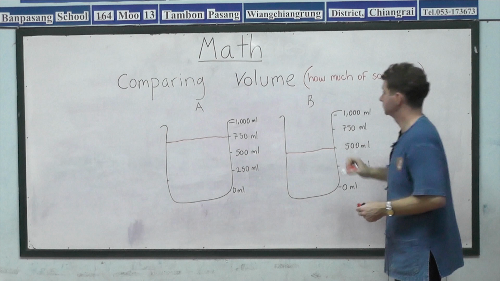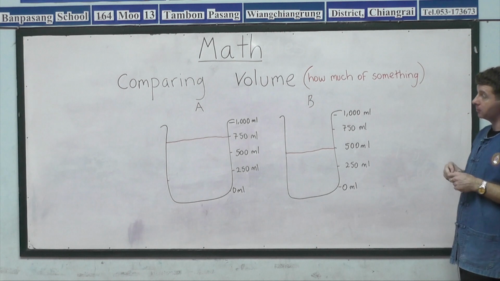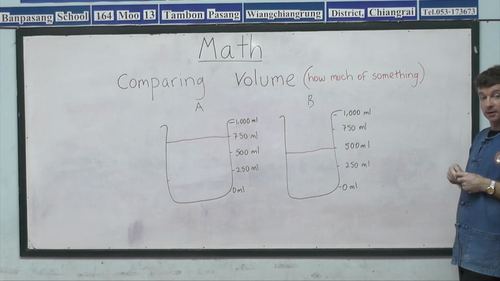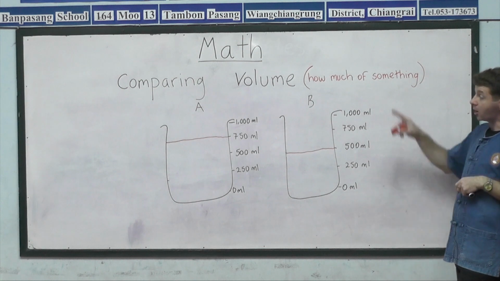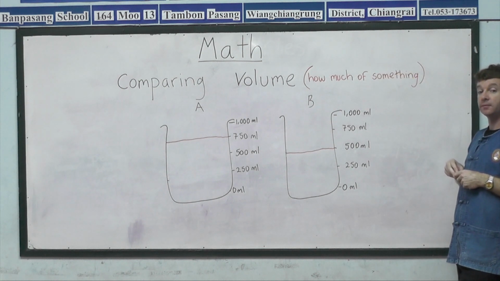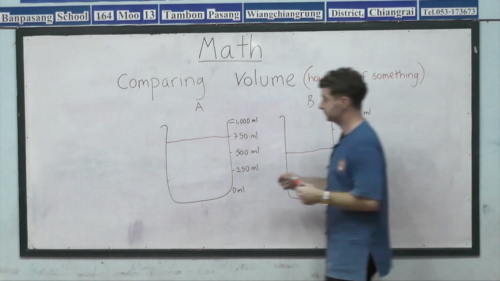Now, which has the greater volume, A or B? A. What's the volume of container A? 750 milliliters. What's the volume of container B? 500 milliliters. So, which has the greater volume? A. Which has the smaller volume? B. Excellent, guys, well remembered.